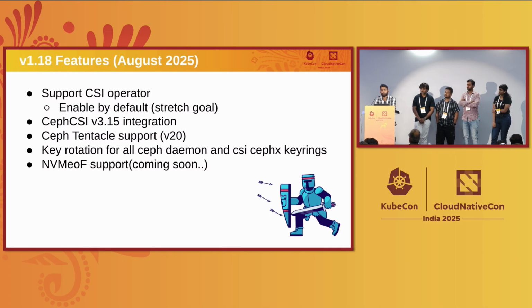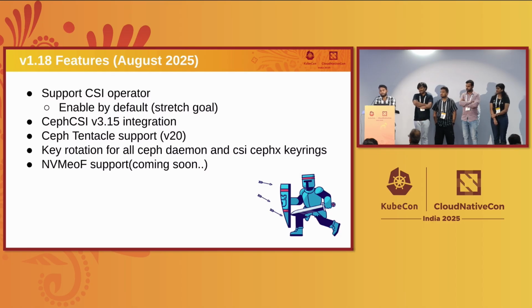And in the upcoming Rook release 1.18, which is planned for August, we are planning to enable the CSI operator by default. Again, it is a stretch goal. And adding support for Ceph CSI 3.15, and adding support for Ceph Tentacle version 20. And we're adding a feature for a security patch, not a patch, but to rotate your CSI keyring.